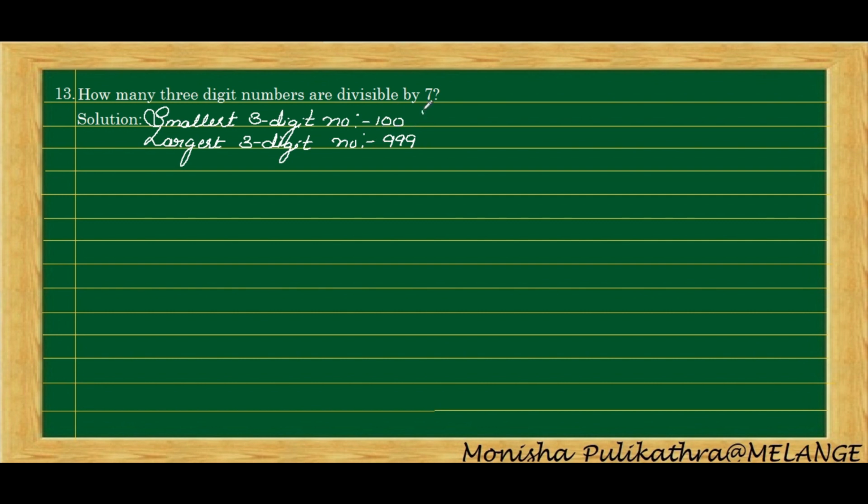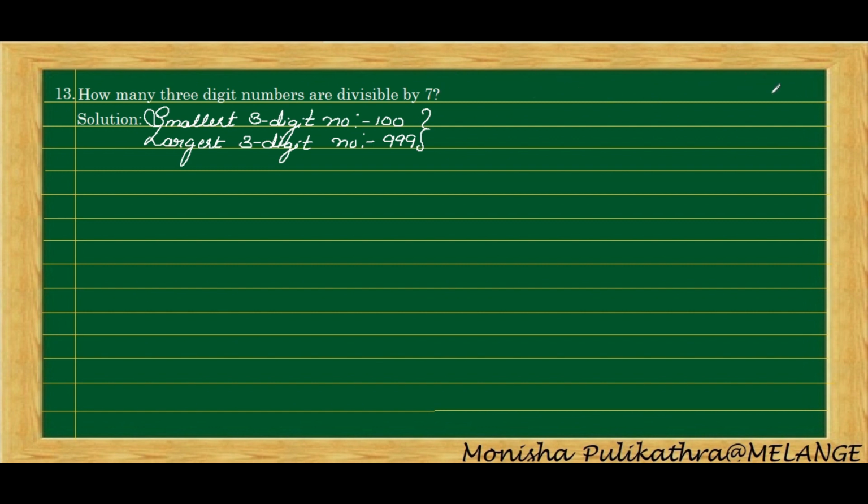We need to find out from 100 to 999 how many numbers are divisible by 7. First, we need to know which is the first 3-digit number that is divisible by 7.